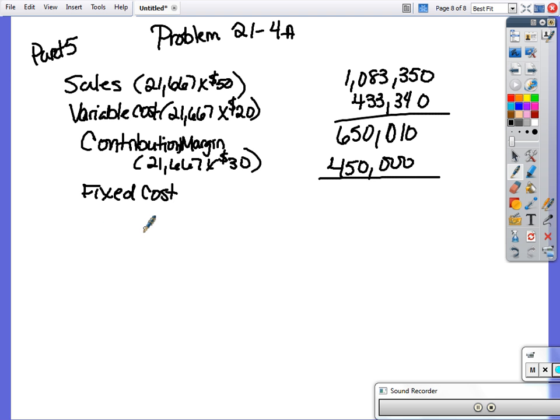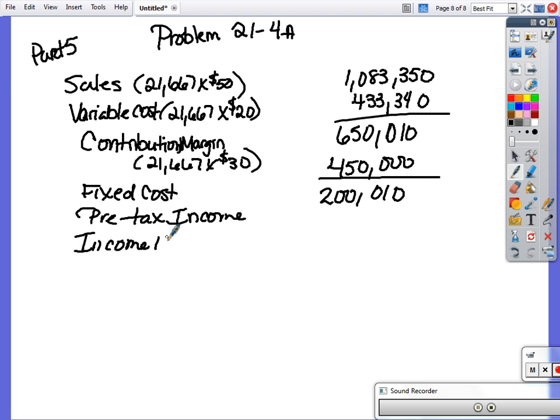Which means pre-tax, or before tax income, is how much? 200,010. And then at that point, what has changed about this particular statement? We add the pre-tax income and you got to calculate the income tax, right? What did they say the income tax rate was? 30%.